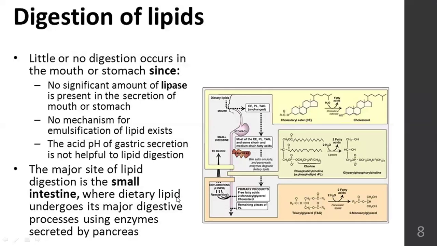So the duodenum is the place where the food gets mixed with bile juices, pancreatic juices, lipase enzymes, mucus. Everything is mixed here, and as it moves forward into the jejunum, digestion keeps continuing because the food is now mixed with all these elements. Breakdown is in process.